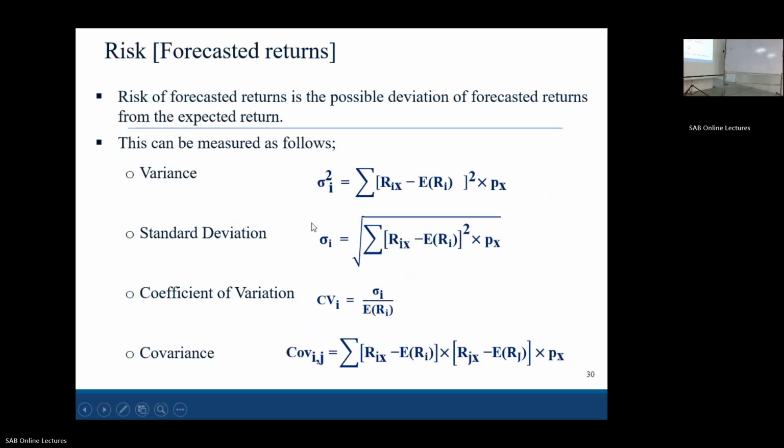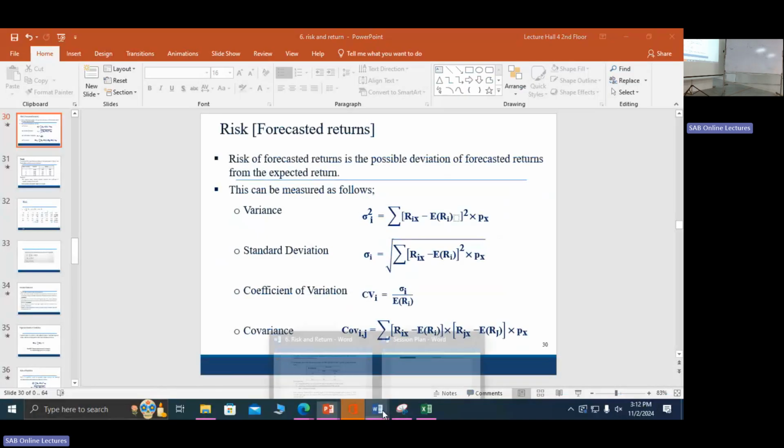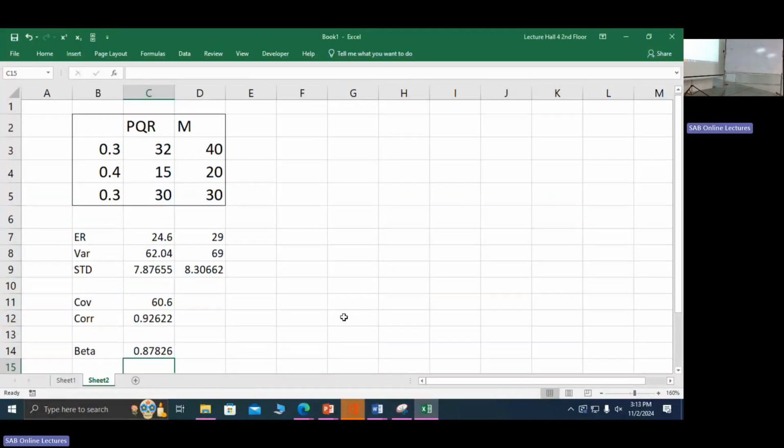The total, or the summation, is the covariance. So let's go to the sheet.